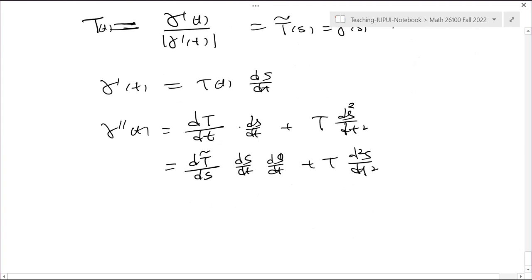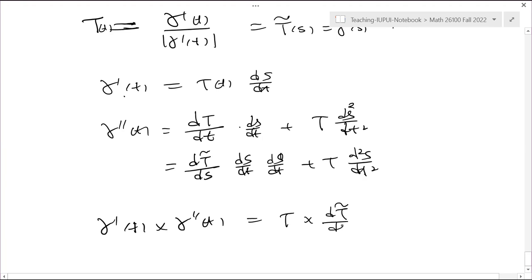All right. So now what I'm going to do, I do the cross product. This times this. So it's T times T tilde.